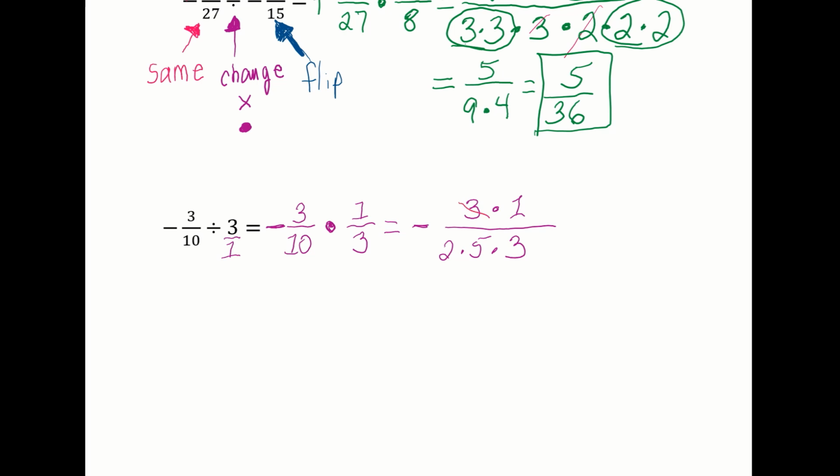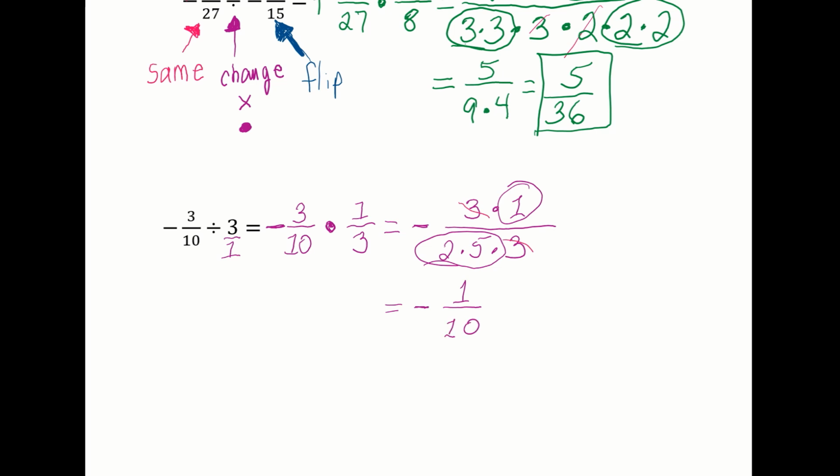The 3's can be canceled out. So what do we have? Everything is negative. We only have a 1 left on top. And then we multiply 2 and 5 back together to make our 10.